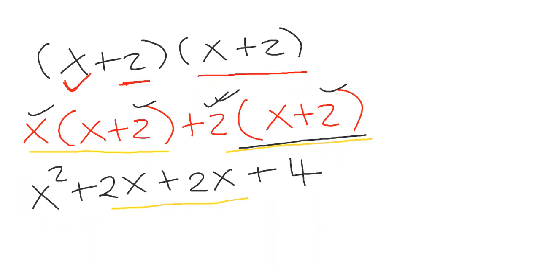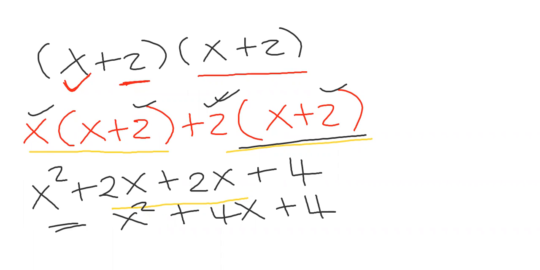So you have to work out those like terms. Now, our final answer is going to be x squared plus 2x plus 2x gives us 4x, then plus 4. Then that's our final answer.